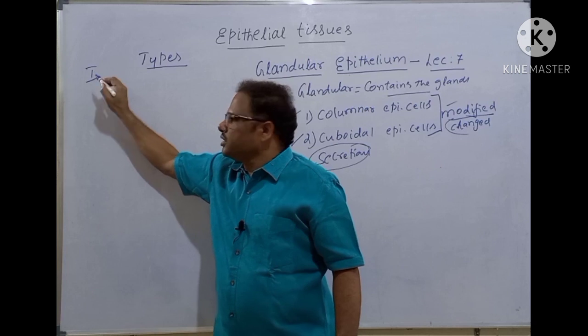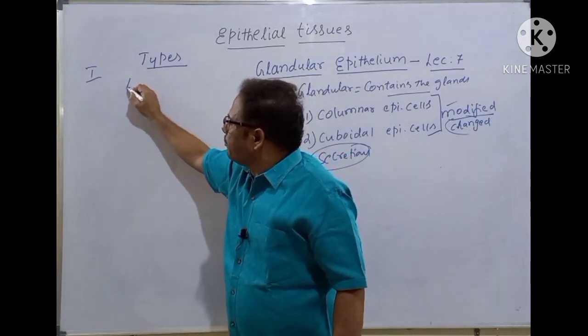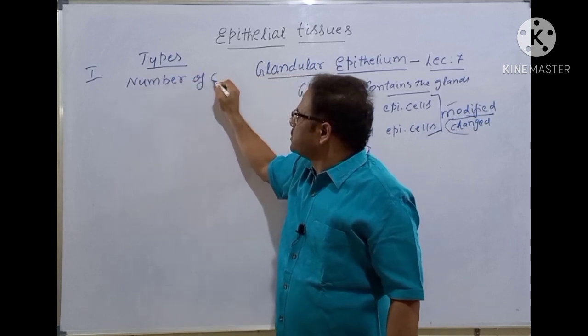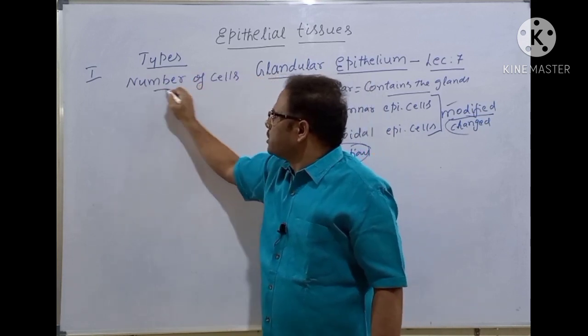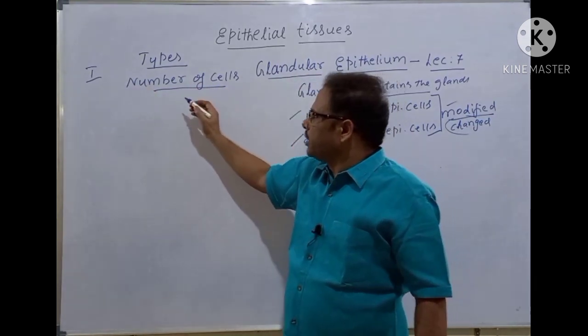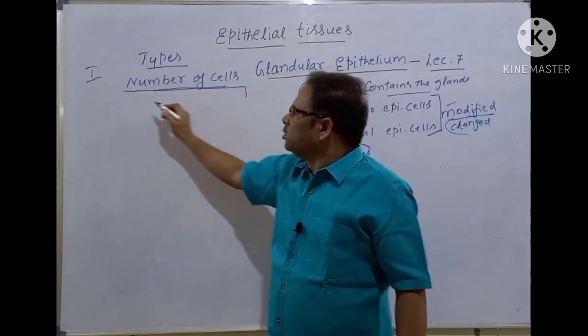Under the first categorization, basing on the number of cells, how many cells are there? That is the first categorization. Basing on the number of cells, the glandular epithelium is divided into two types.